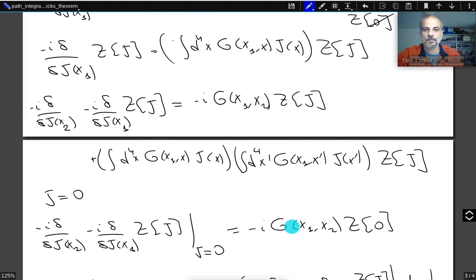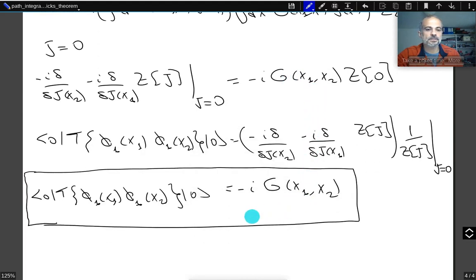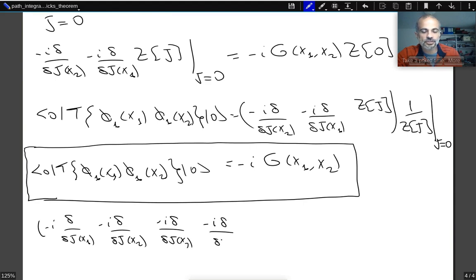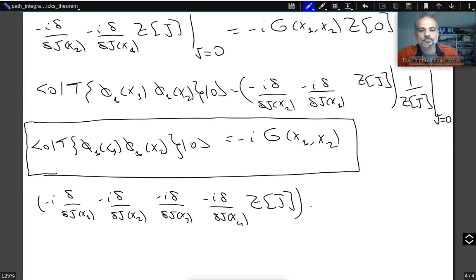Now, if we have more than two derivatives, let's say minus i del by del J of x1, minus i del by del J of x2, minus i del by del J of x3, minus i del by del J of x4, acting on Z of J, and then set J equal to 0 and divide by Z of 0.